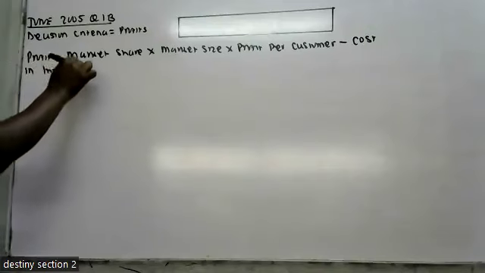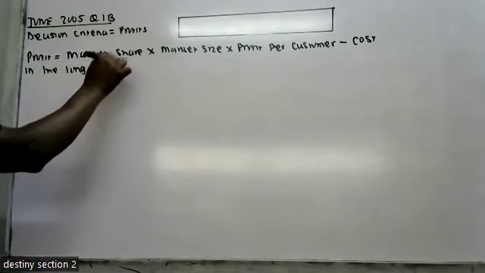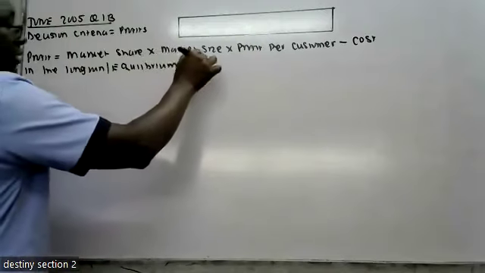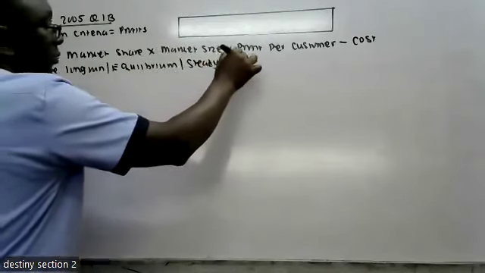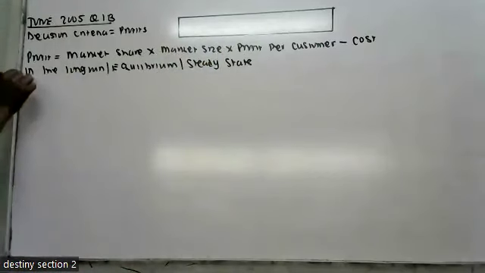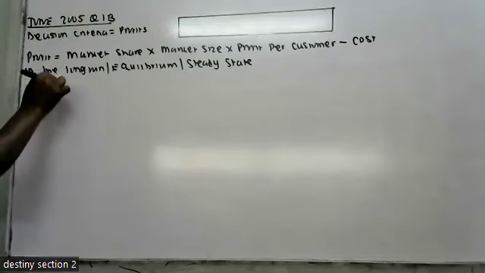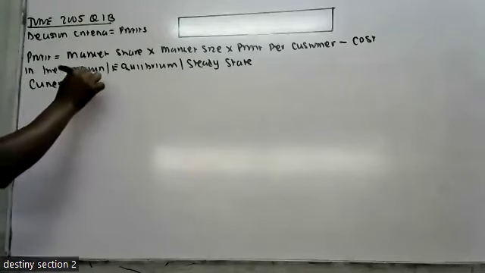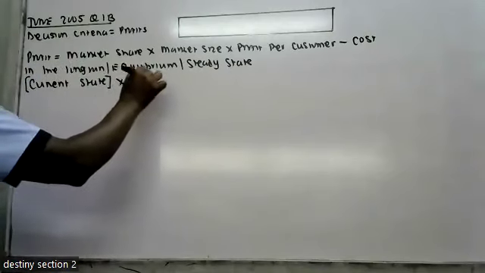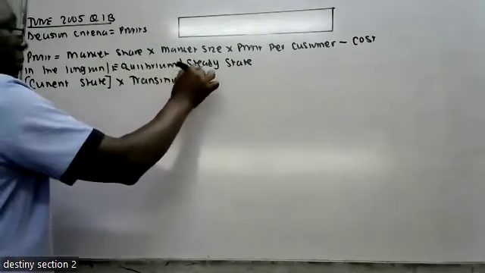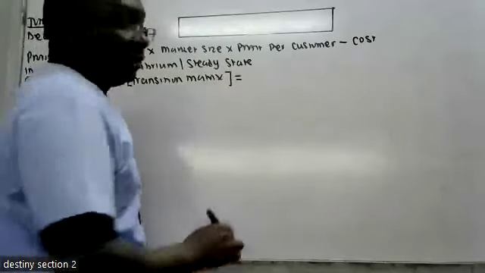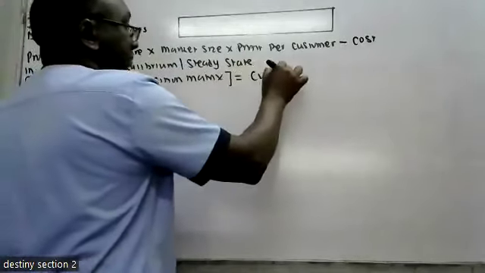Now, in the long run, the long run is also known as equilibrium. It is also known as steady state. In the long run or the steady state, this is what happens. If you take the current state and multiply by the transition matrix, the answer you get is the future state, which is the same as the current state.